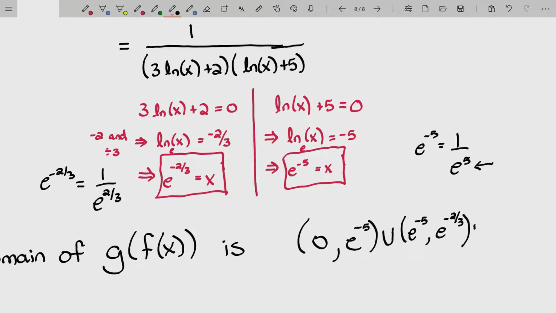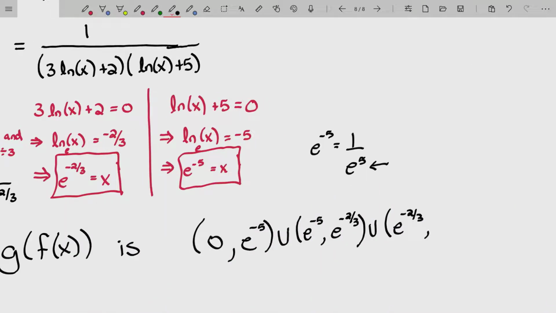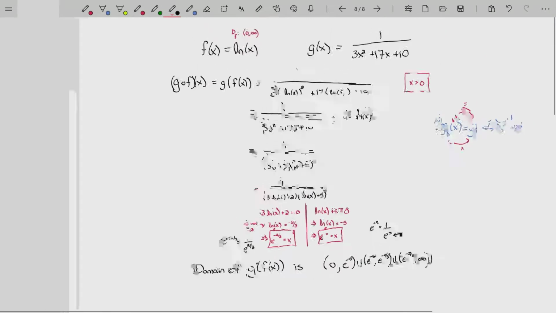We'll skip that and continue on the other side of it until we go off to infinity. Notice I have restricted my domain, so it's not including e to the negative 5th, it's not including e to the negative 2/3, and it only contains positive numbers otherwise. That is the true domain of that composition.